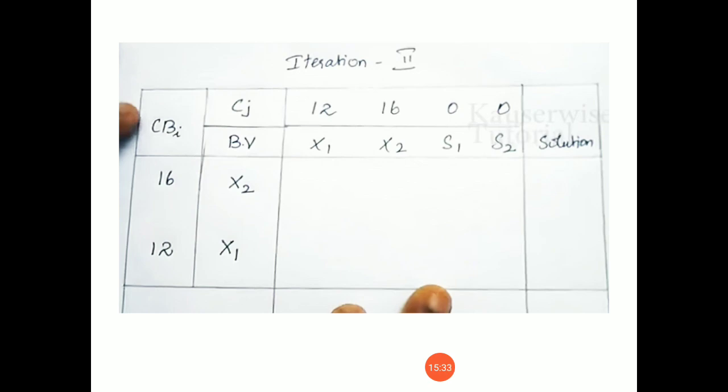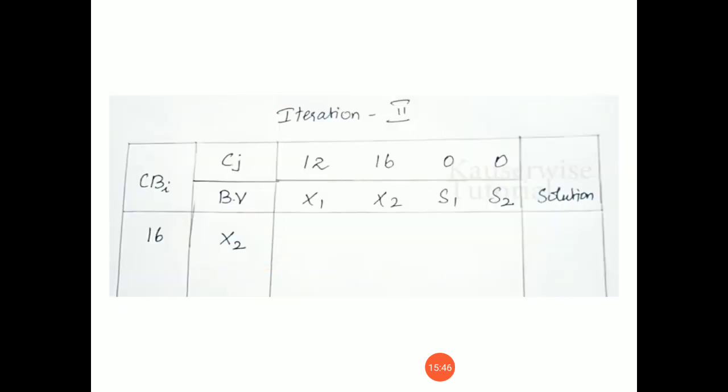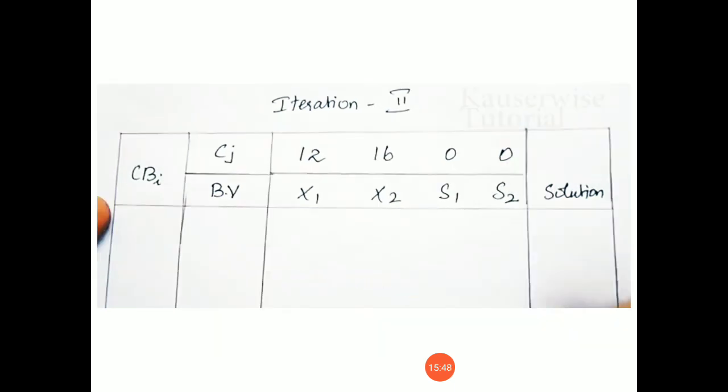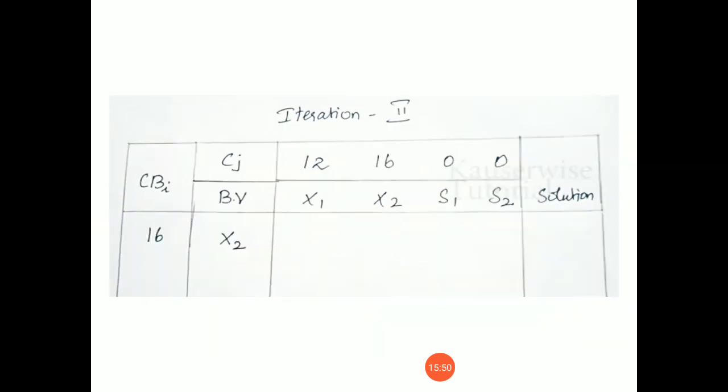So it is 12 here. So I've written 12. Next step, I need to fill the elements in the x1 row. For filling the elements, same as what we did in the previous iteration 1 table, old value divided by the key element.